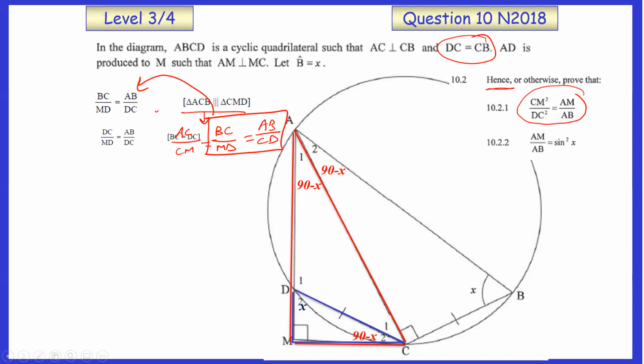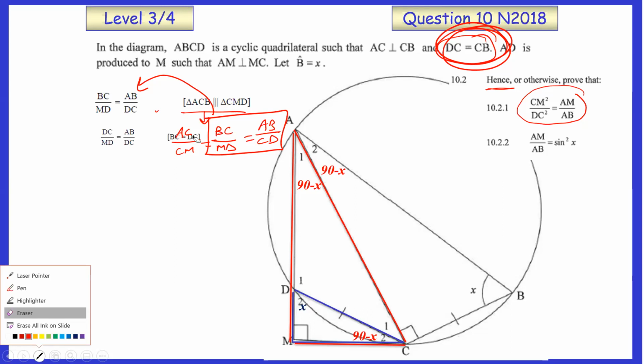Because on the top, they told us BC is equal to CB, sorry, CB is equal to DC. So where I've got BC, I'm replacing it by DC, because here they tell us it's equal. Still with me? Yes, sir.